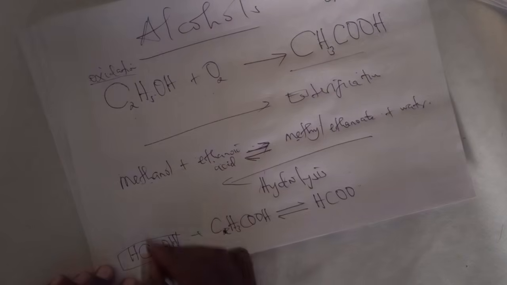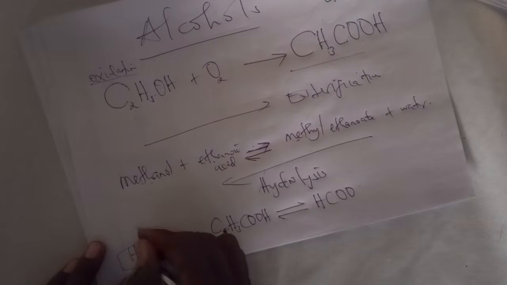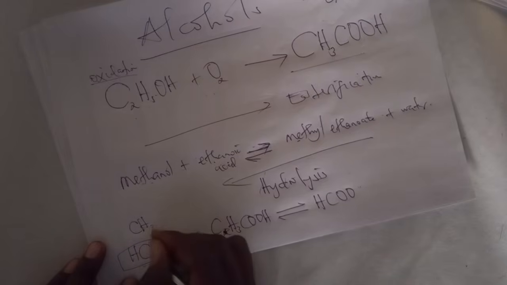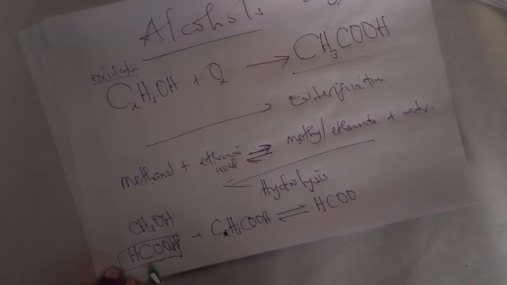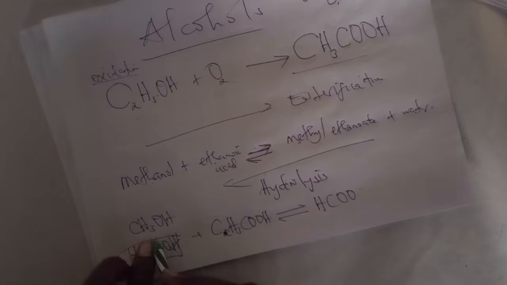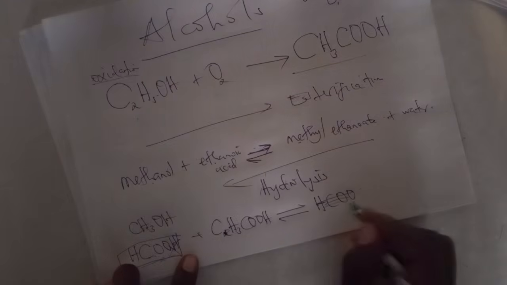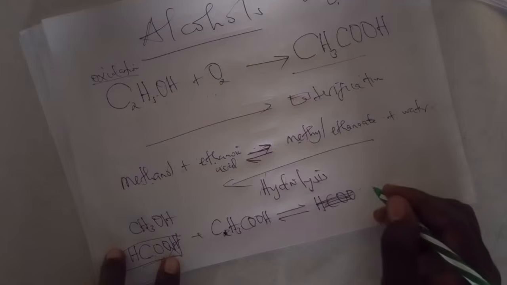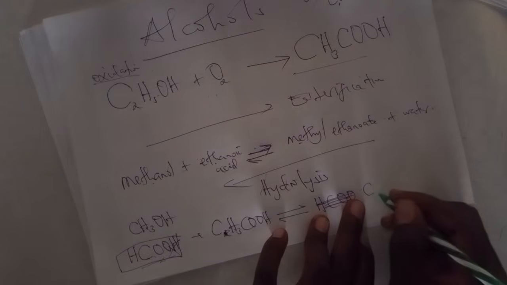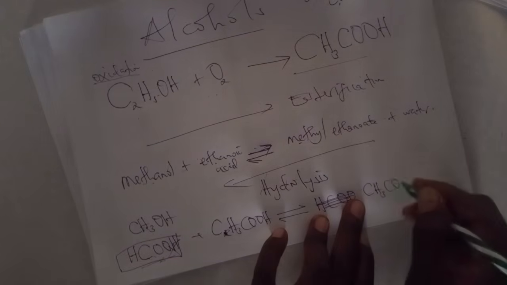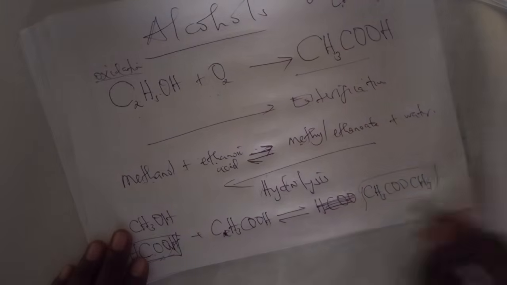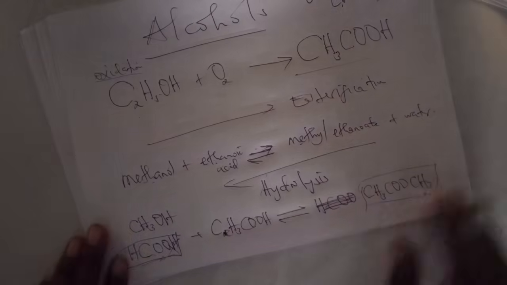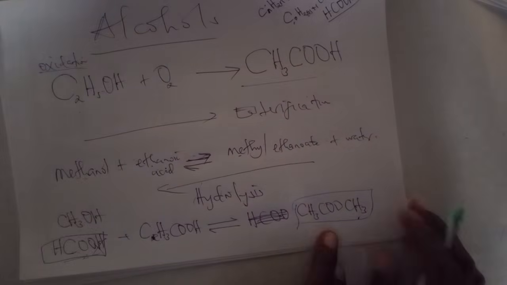I beg your pardon on this one. This one should be CH3OH. This is an alcohol. This is an acid. So these two cannot be written like this. I meant this. So what you are going to have here as a product, even this one changes, you're going to have CH3COOCH3. This one is what we call the ester, which is methyl ethanoate.